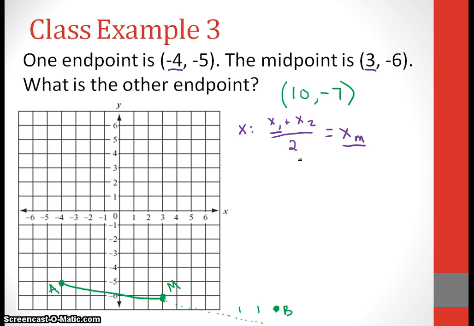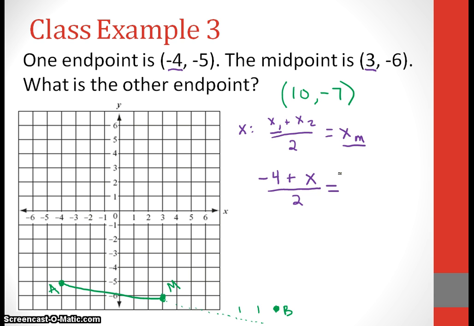So if I set that up and solved it as an equation, I would plug this in for x1, so I'd have negative 4 plus the x of the other endpoint, which I need to solve for, divided by 2, equals the x of my midpoint.